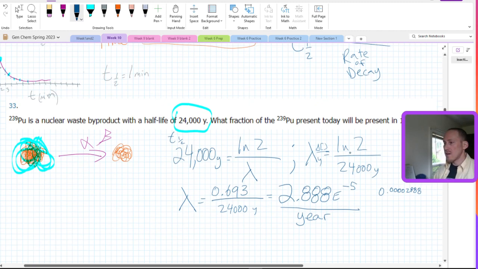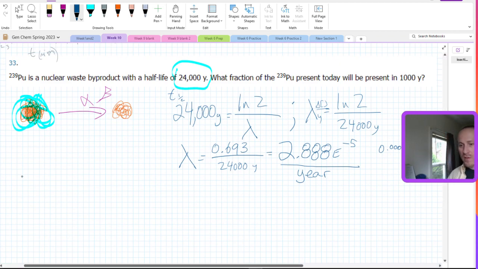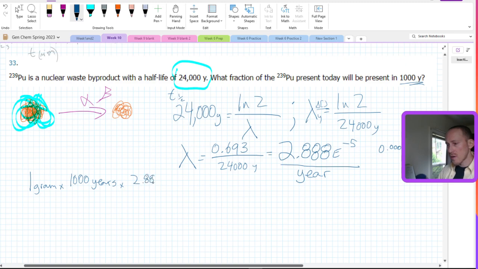So they say you start out with, let's say, once again, a gram, 1 gram, and you take 1,000 years. They're giving us 1,000 years, and we know that this loses that much per year.